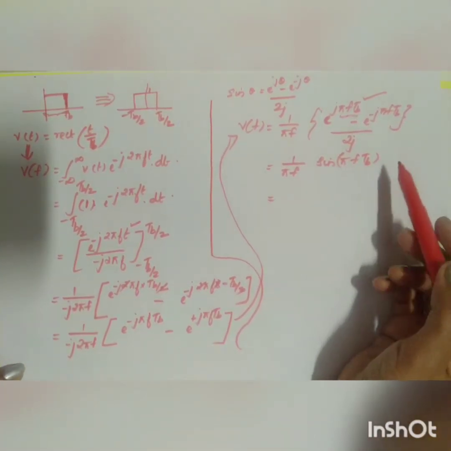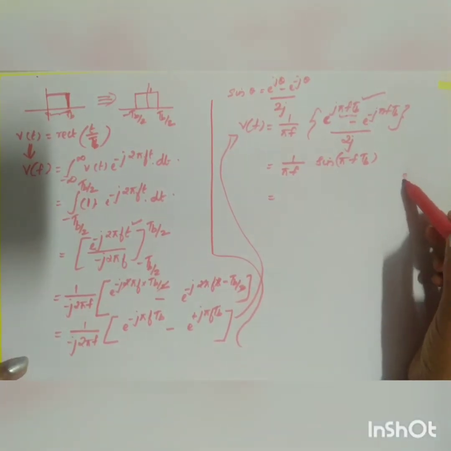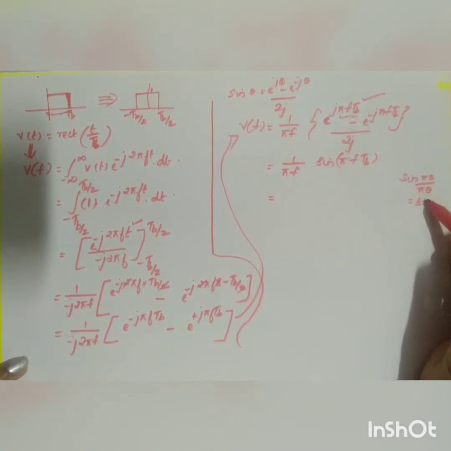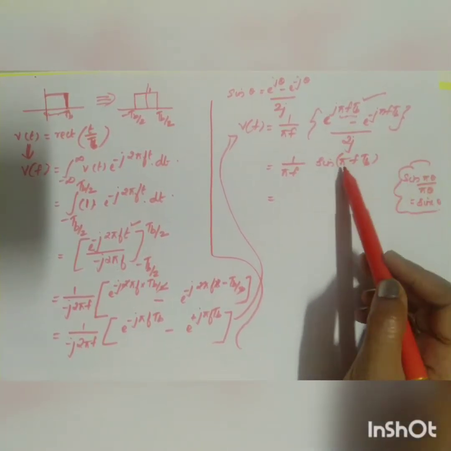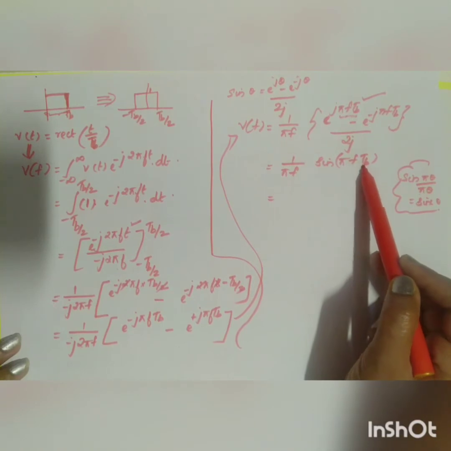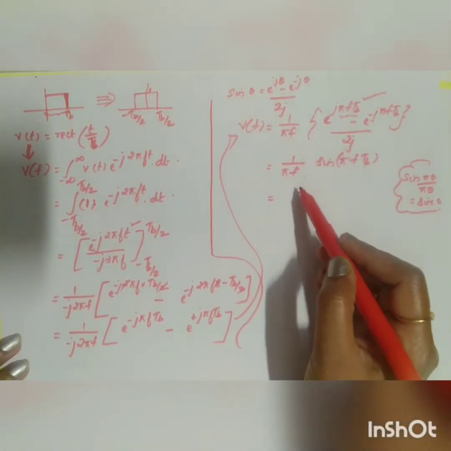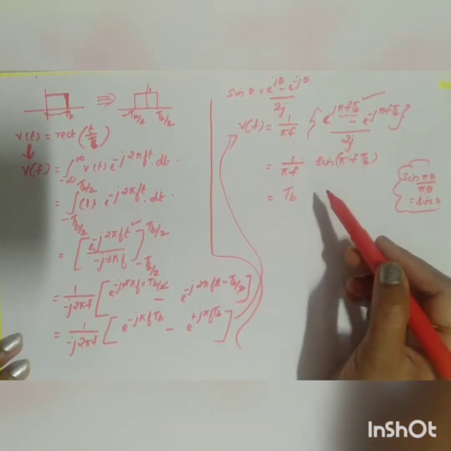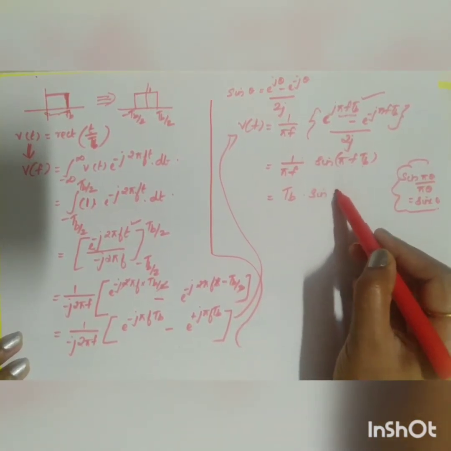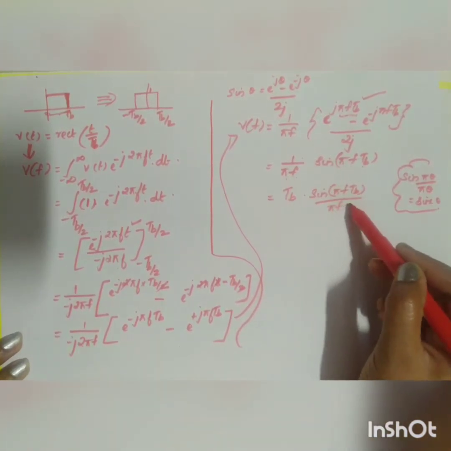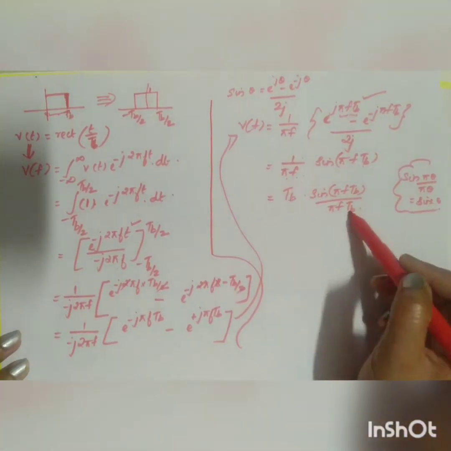Okay, so this is what you have got. Now your answer is in sinc form, right? So you know that sine pi theta divided by pi theta is equal to sinc theta. Okay, this is your formula. So if I want to get pi theta, theta is equal to f tb, right? So here you have to multiply and divide by tb. So what you will be getting, tb into sine pi f tb divided by pi f tb.